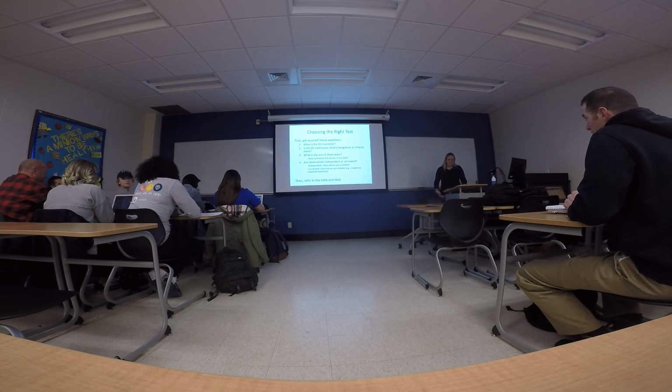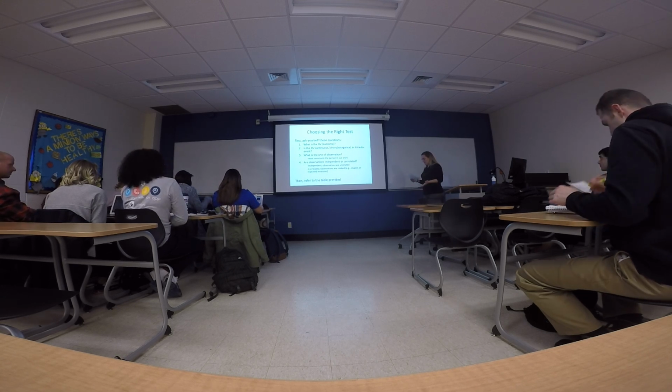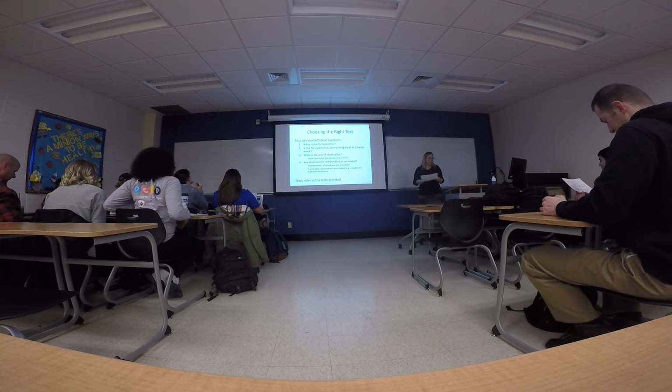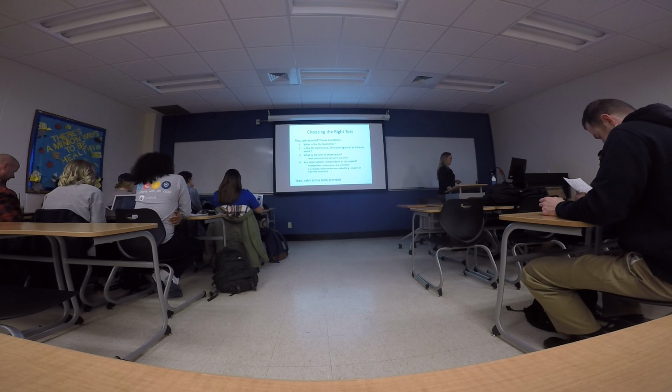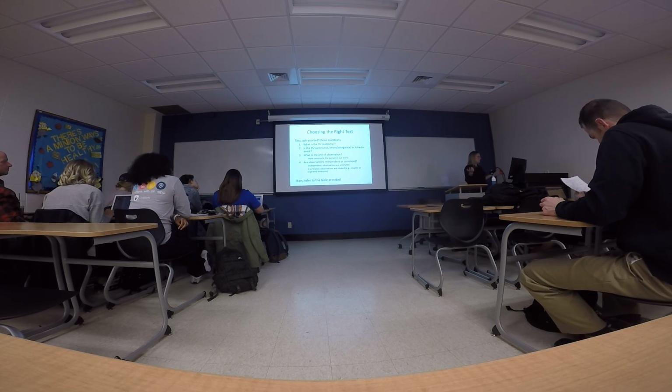Okay, so choosing the right test. Look at this handout that you have. You're going to need to ask yourself a few different questions in order to come up with the answer to the test. So you want to know what is the outcome variable, and you have to know that.